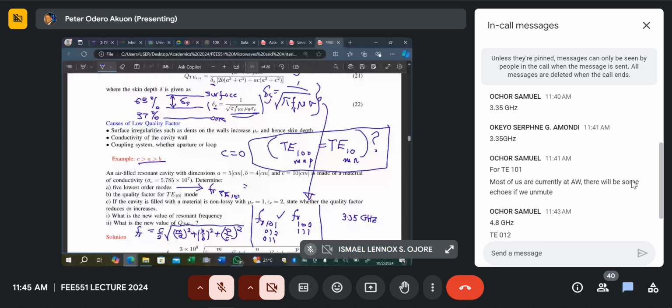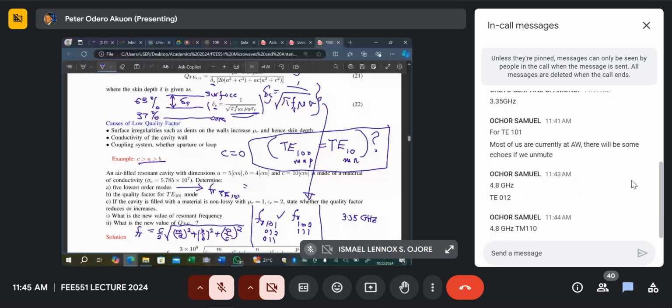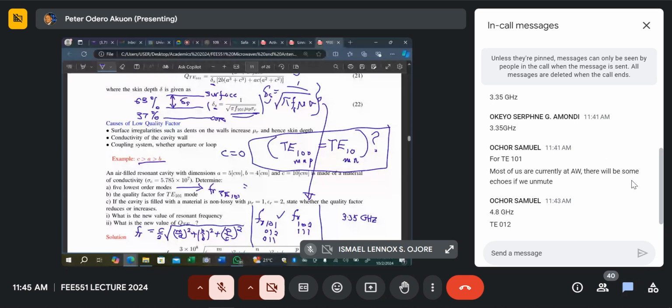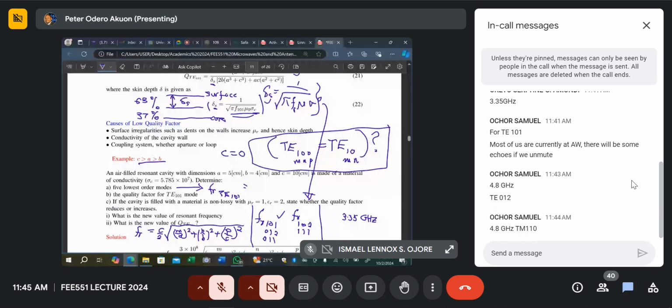So you can excite them differently. If you excite in the TM, you will just have one mode. If you excite in the TE, you just have another mode. But you see the resonant frequencies are the same. So I agree with those values of 4.8 for 110 and 012.